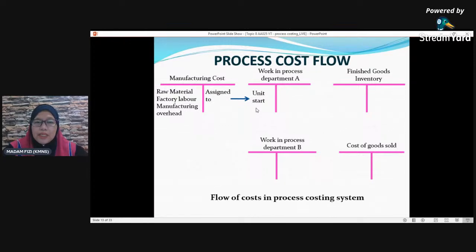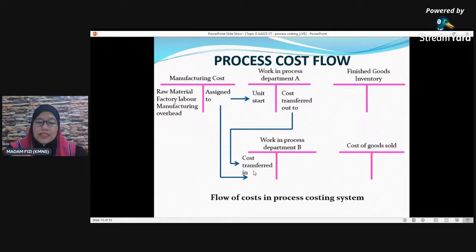Lepas tu dekat department A dia pun proses lah buat kerja. Bila kerja tu dah siap, the cost will be transferred out to department B. Transferred out tu maksudnya dipindahkan keluar ke department B. So cost yang kita transferkan daripada department A ke department B is called apa?